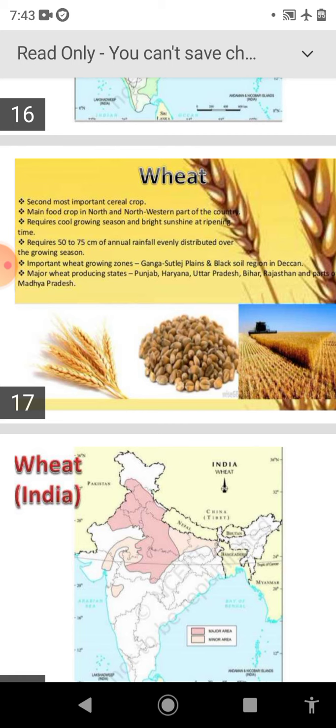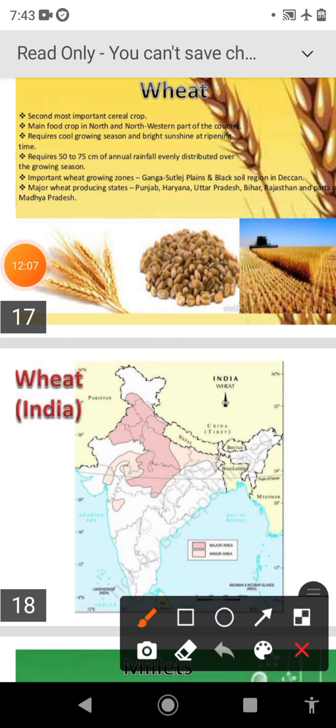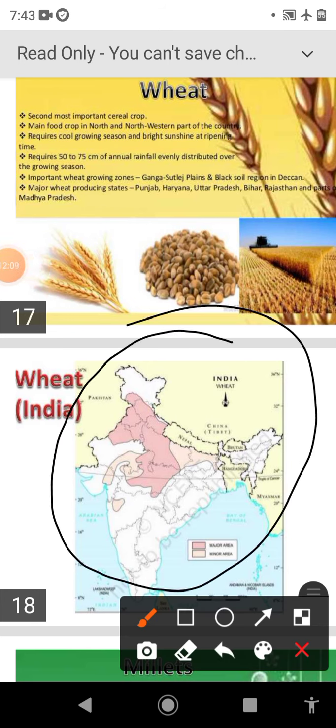After that, we will discuss the areas of production. You can see the map. This map is showing you the wheat producing areas. There are two important wheat growing zones in India. The first one is the Ganga-Satluj plain in the northwest, and the other is the black soil region of the Deccan.